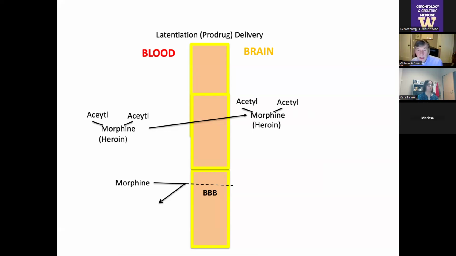But heroin is not active. Heroin doesn't plug in to the opiate receptor. Heroin doesn't have an effect. And so this brings us to the concept of latentiation, or as they say nowadays, the more popular term is prodrug. And what happens is once heroin has gotten in, acylases deacetylate it and change it back into morphine.